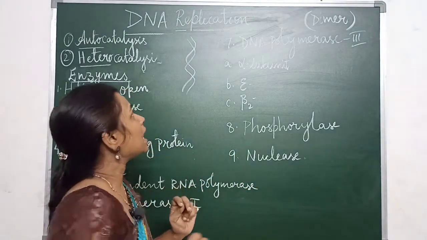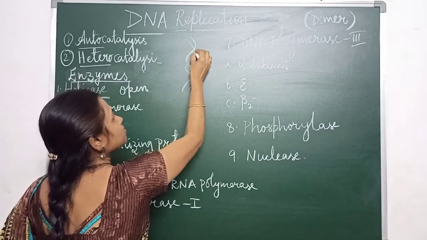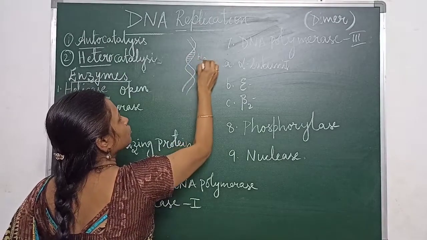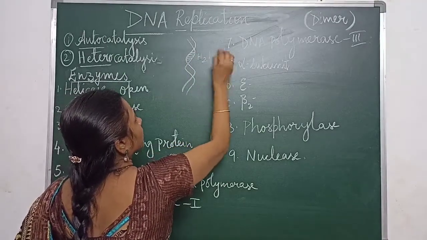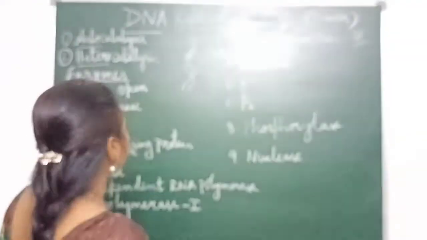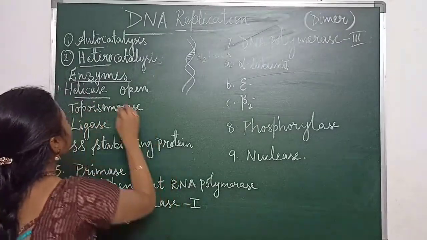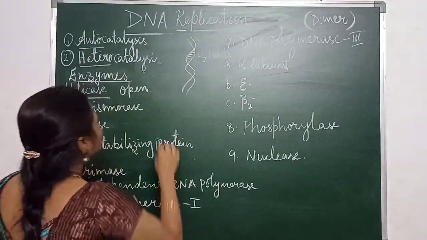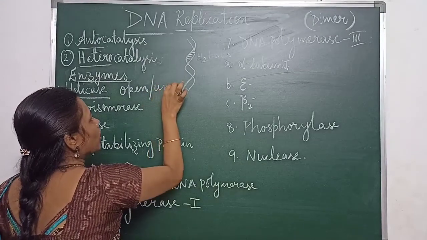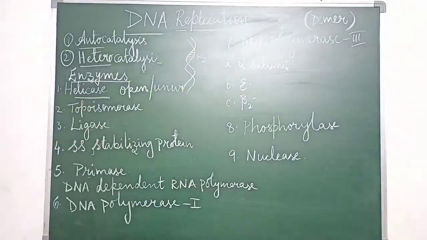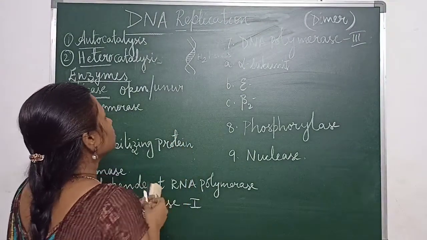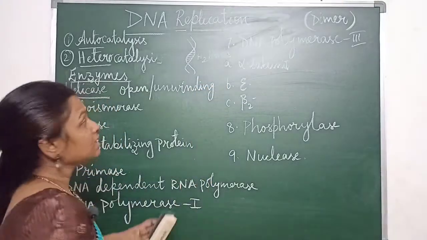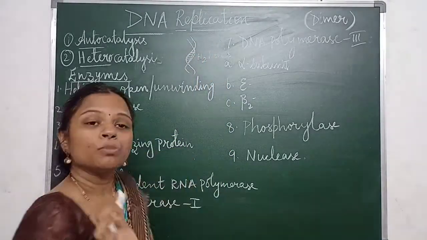Now we also know that these two strands of polynucleotide chains are joined by hydrogen bonds, right? So for this process of opening of the double helical model of DNA, or rather the unwinding process to take place, these hydrogen bonds have to be broken down.